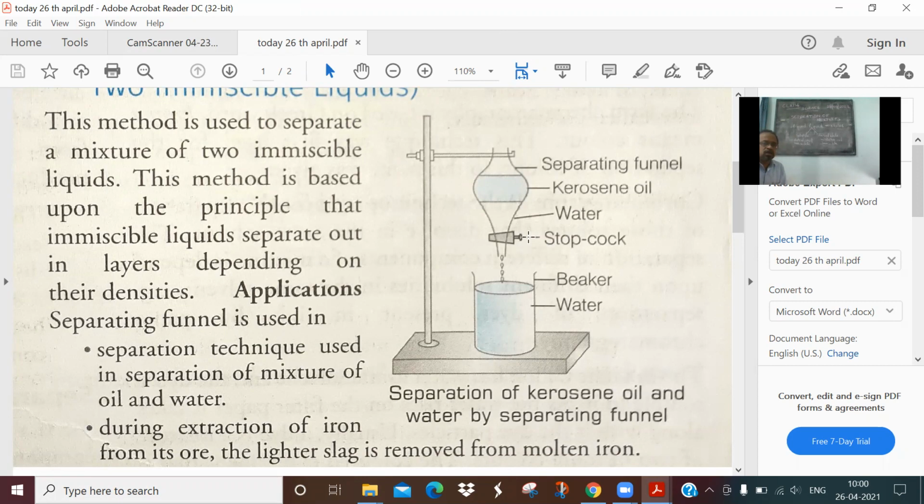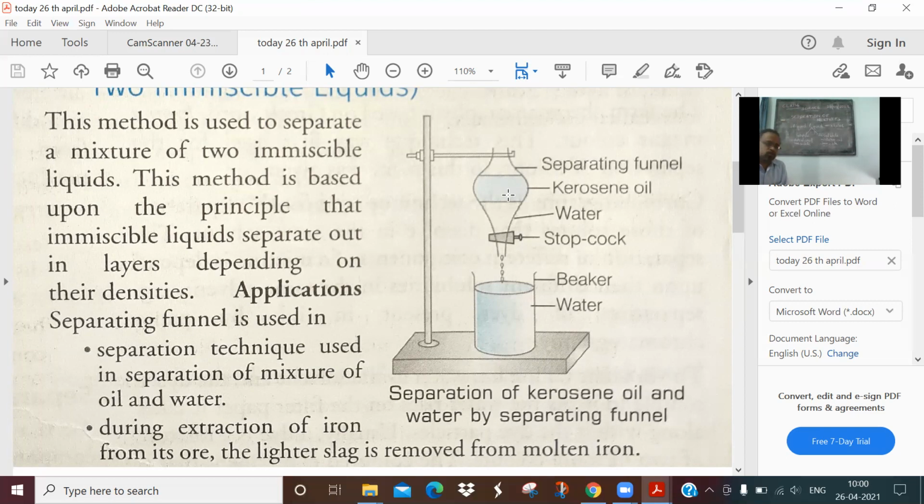So if you open the stopcock, you gradually, drop by drop, let the water drop into the beaker below, and when the layer of the kerosene reaches the stopcock, you close it, and the separating funnel, a very simple method, has separated the water and the oil.